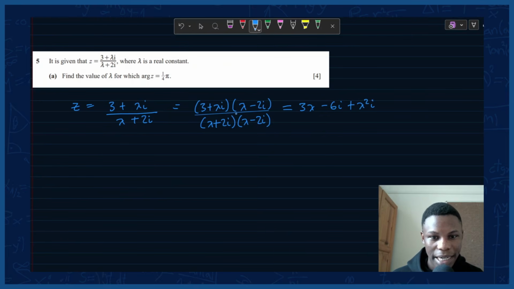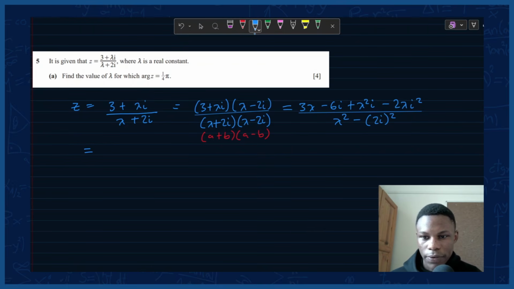Then I've got lambda i times -2i, which is -2 lambda i squared. And this is all being divided by, in the denominator, a difference of two squares, a plus b times a minus b. So that's going to be a squared minus b squared. So lambda squared minus 2i all squared.